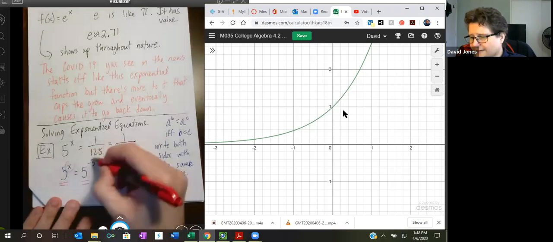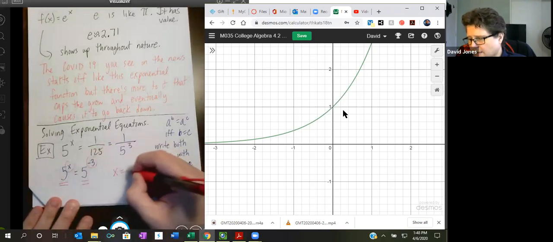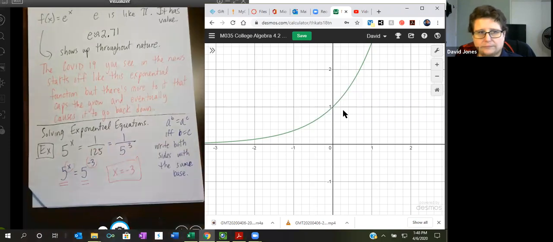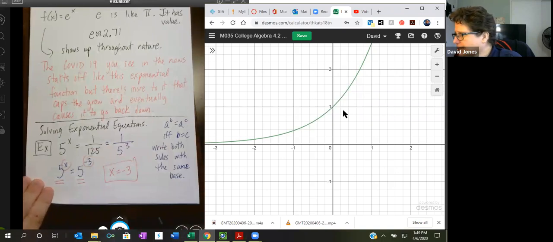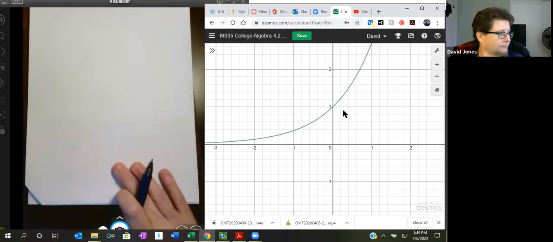The exponents have to match. That is an easy way to go about doing these. Pause the video for a second and work on that. Tinker around with it. And now I'm going to give you a couple to try.